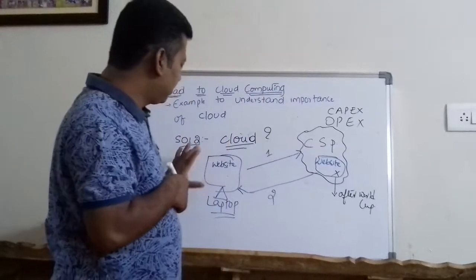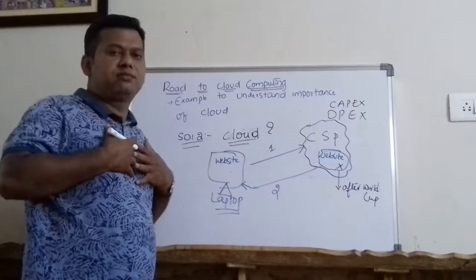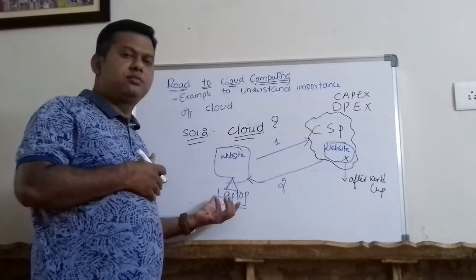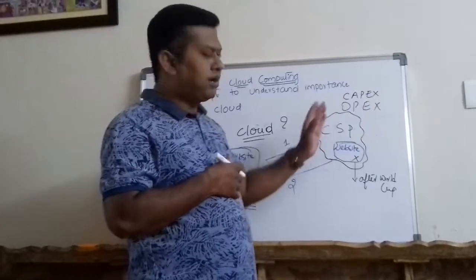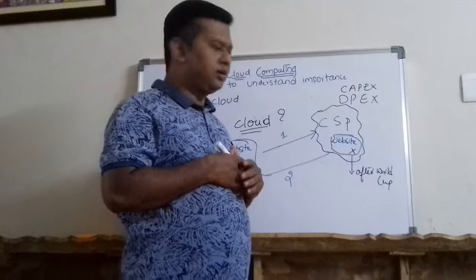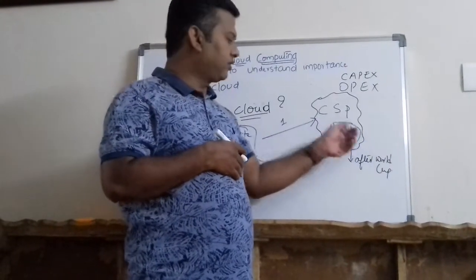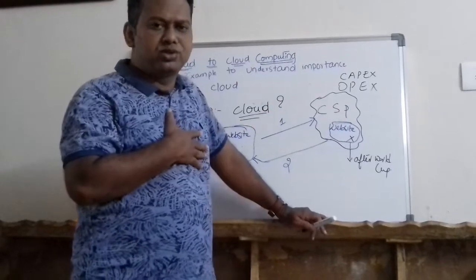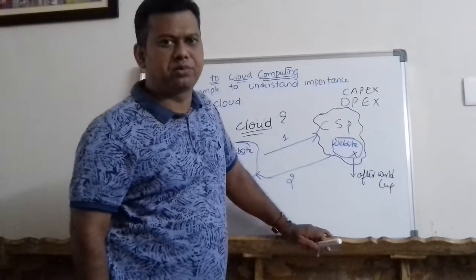So I run my application, I deploy it on my website. When I feel my laptop is not enough, when my laptop can't handle the number of hits, I migrate to the cloud. Like in this example, during the World Cup, my website will be deployed in the cloud. After the World Cup, again I will take it back. So for that 1 or 2 months during World Cup time, my website was hosted by the cloud service provider.